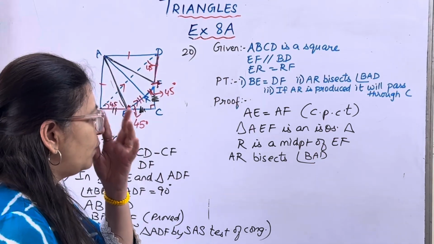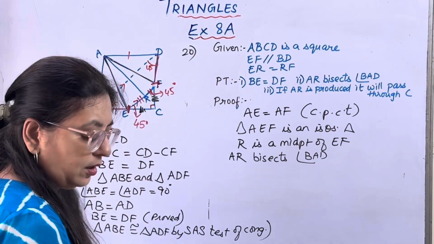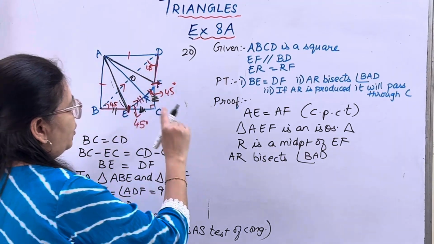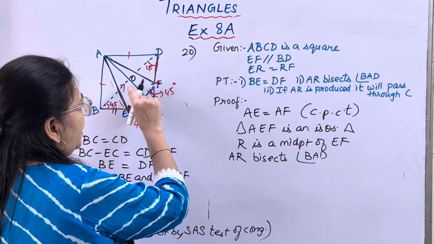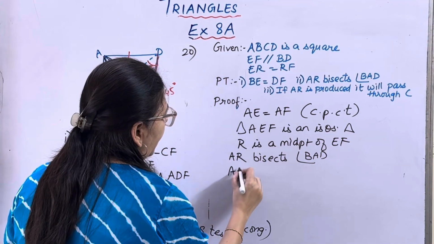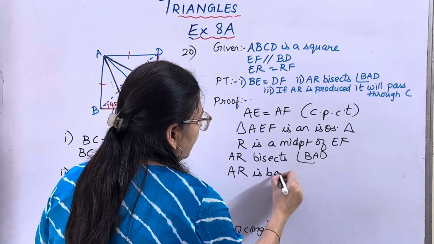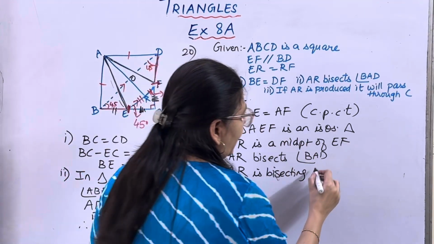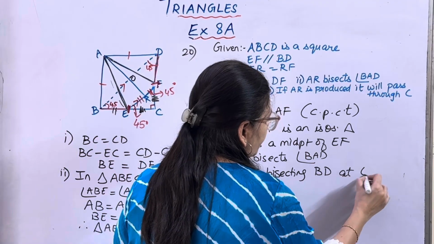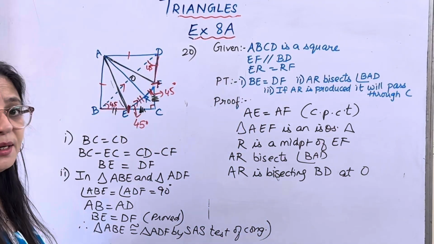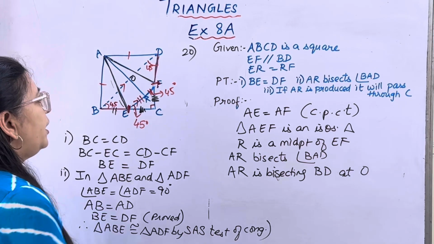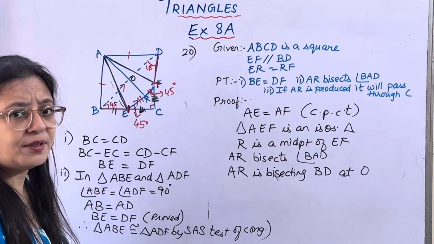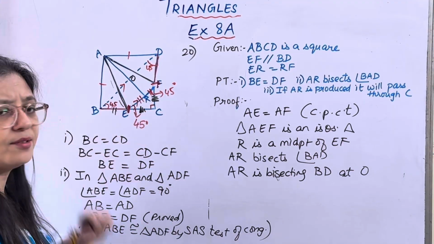Next part. If AR is produced, it will pass through C. Now let this be point O. If AR is produced, first thing, AR is bisecting the first diagonal, which is BD, at O. Correct? It is bisecting BD at O, and BD is parallel to EF. That is also given to you, where R is the midpoint.